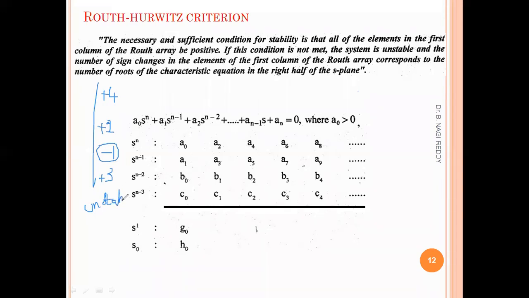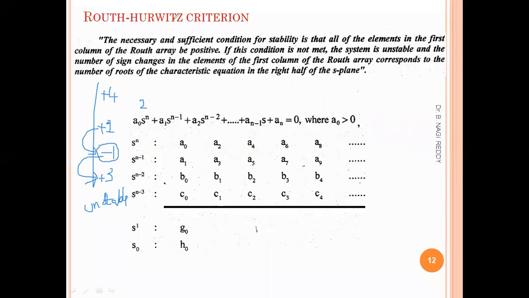And we can determine the sign changes also by seeing it. You can see plus to plus, so there is no sign change, and here plus to minus, so one sign change is there. Then minus to plus is the second sign change. So here we got two sign changes.